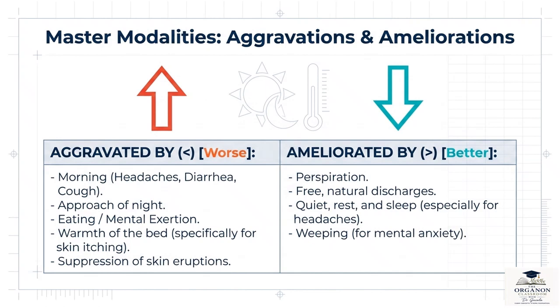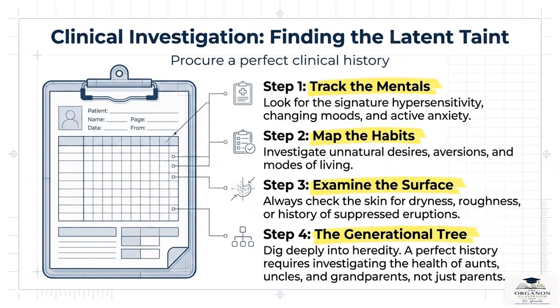Okay, now the clinical investigation on how are we going to take the perfect clinical history which is going to signal us off towards the miasm of Sora. ठीक है, तीनों डायग्नोस्टिक ट्राइड पहले चेक करेंगे, द मेंटल्स, हाइपर सेंसिटिविटी, चेंजिंग मूड्स, एक्टिव एंजाइटी, ठीक है, हैबिट्स, द जीआई, अननेचुरल डिजायर्स, अवर्जन्स, मोड्स ऑफ लिविंग, ओके, third, the skin.